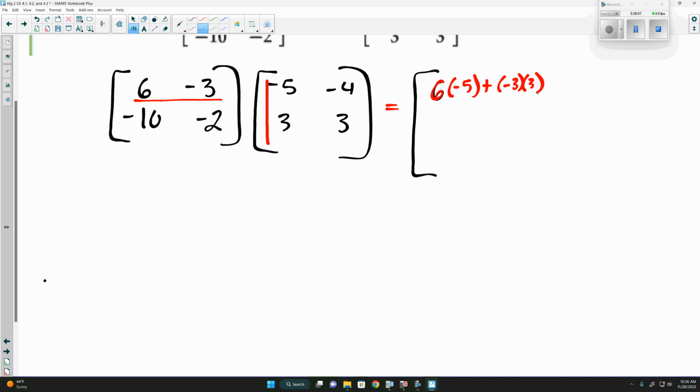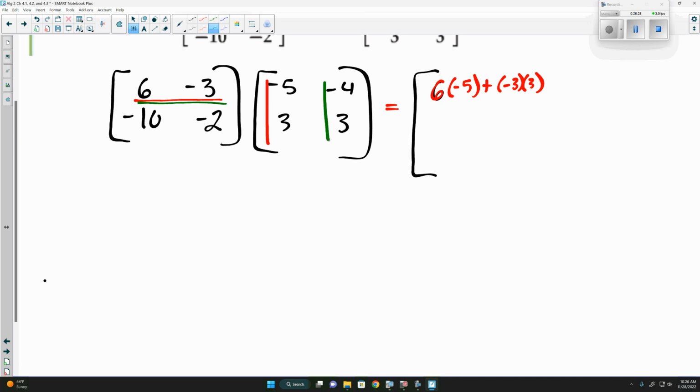Questions on this so far? So we went over, down, matching up, multiplication. We good with this so far? We're going to do it again. We're going to go over and down.